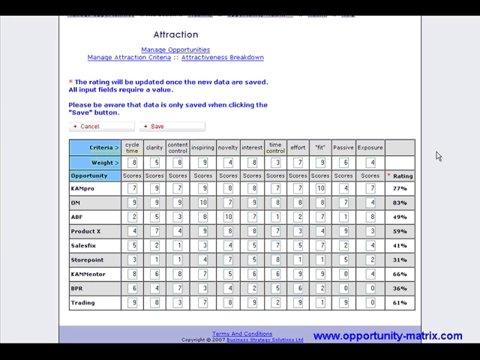Everyone has slightly different criteria and different weightings, so you put all these in yourself. Once your criteria are entered and weighted, the last thing to do is to score each opportunity against each criterion. That allows the tool to calculate an attractiveness rating.